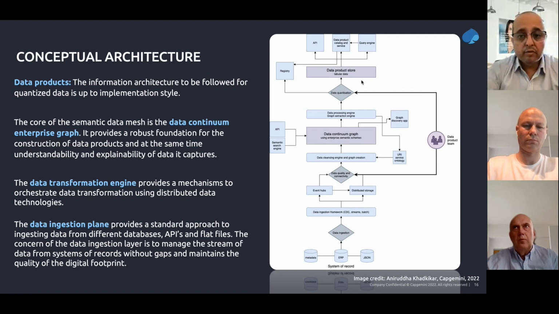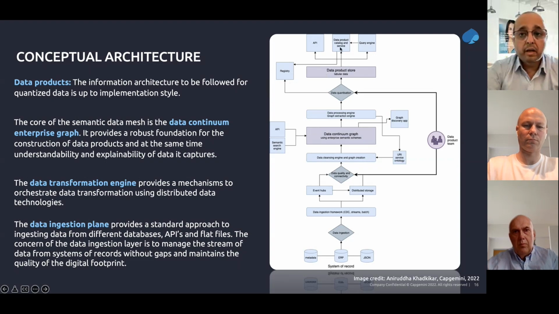And then you have different services that enable users to both query the data, but also enable data product teams in their whole data product construction process. So you have visual graph exploratory analysis for business users. You also have data product stores and registries in this conceptual architecture, and that is aligned with the whole data mesh thinking.